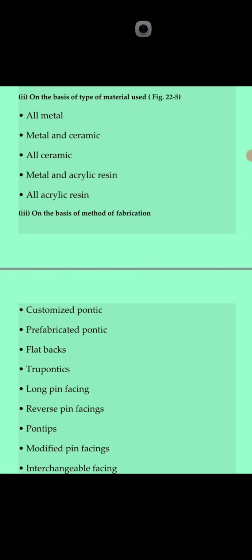Next, on the basis of method of fabrication, there are customized pontic, prefabricated pontic, plate back pontics, true pontics, long pin facing, reverse pin facing, pin pontics, modified pin facing, interchangeable facing. But in these types we will discuss only true pontic, interchangeable facing, and pin pontics. These three are important on the basis of method of fabrication.